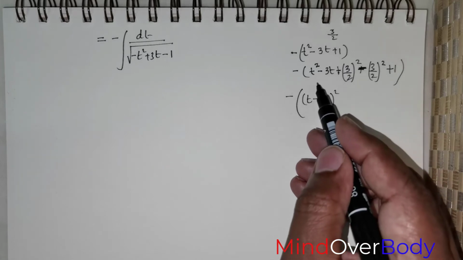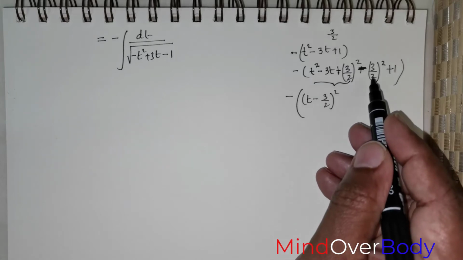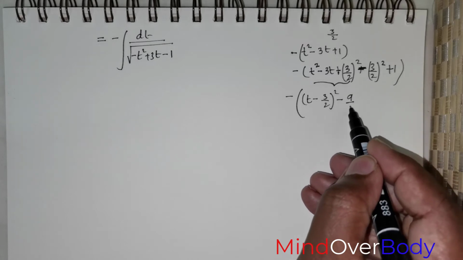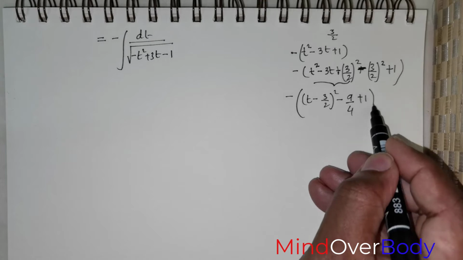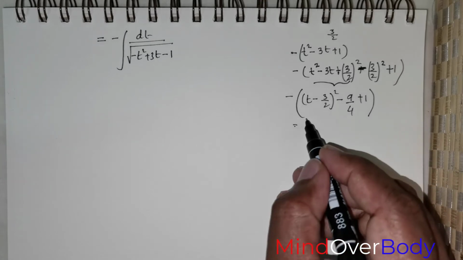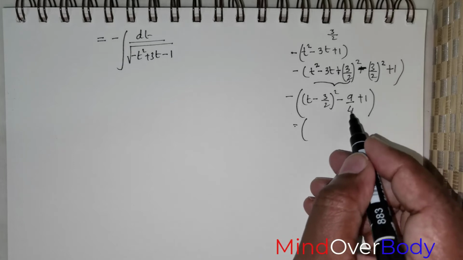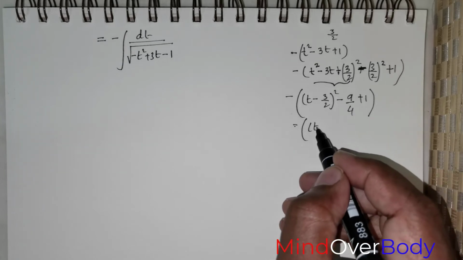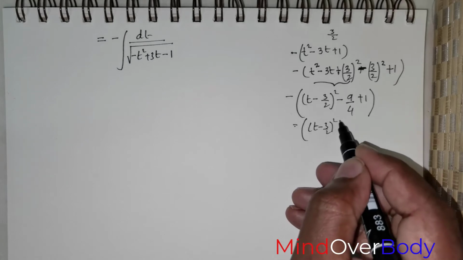So that's fine. So I've got all this. Now I have a 9 over 4 and a positive 1. So this is how it is. If I were to rewrite this by taking the LCM, let me write this term again, (t − 3/2) raised to the power of 2.